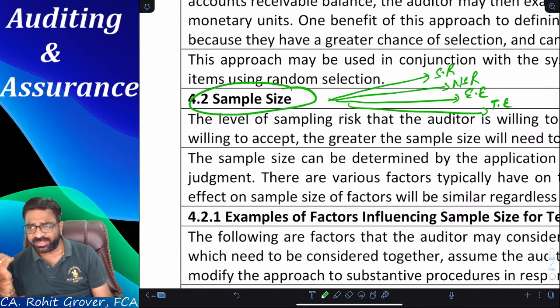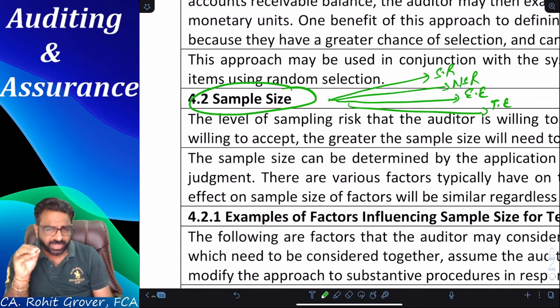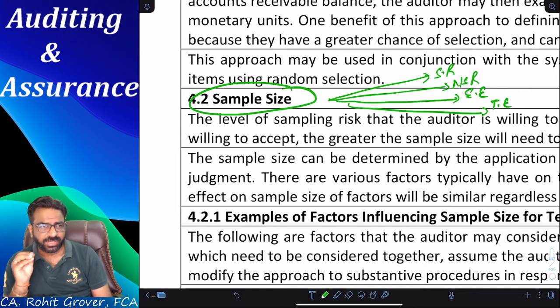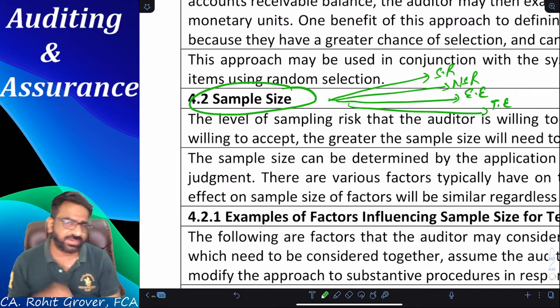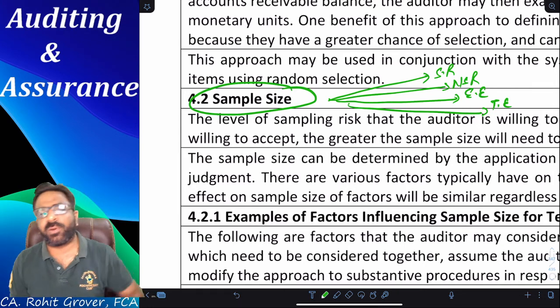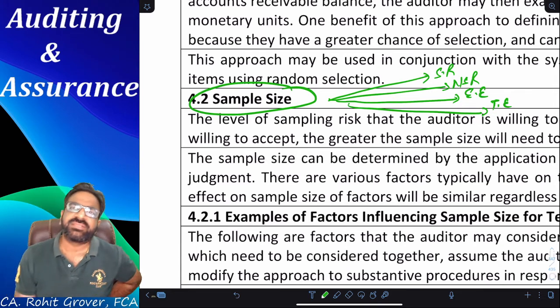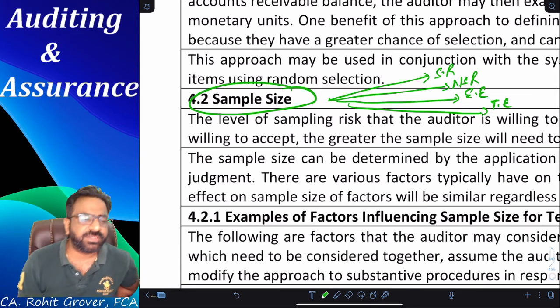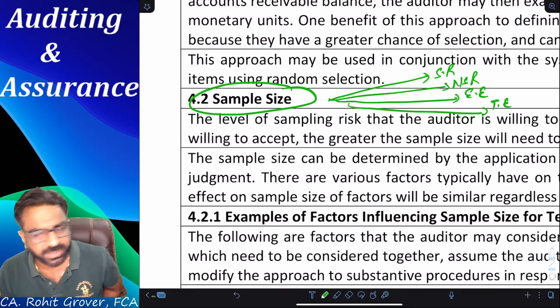Or, for example, instead of going for RAP, he did FAP. Or instead of going for TOD, he went for TOC. So, whenever the auditor makes a wrong judgment in selecting his procedures, evidences, and techniques, that risk is called non-sampling risk. It is purely not based on sampling risk. It is purely based upon the poor judgment of an auditor, right or not?